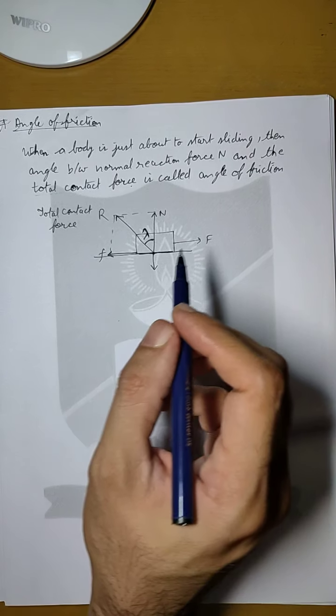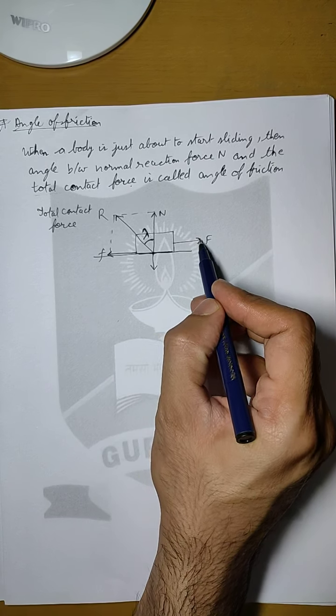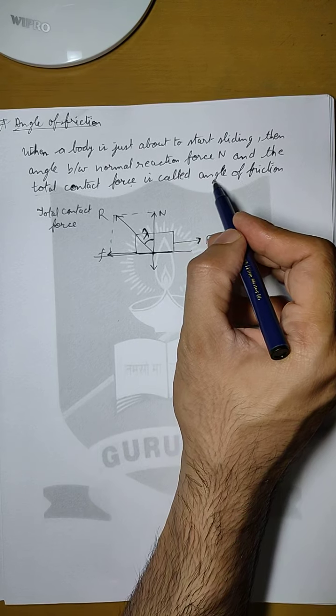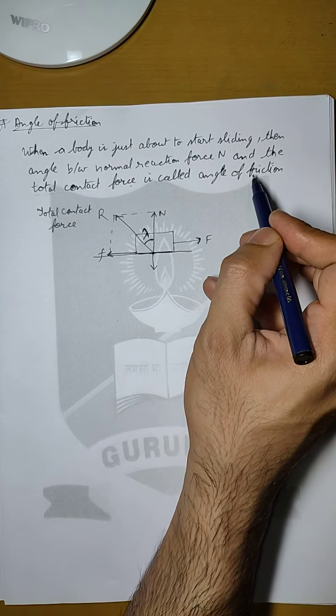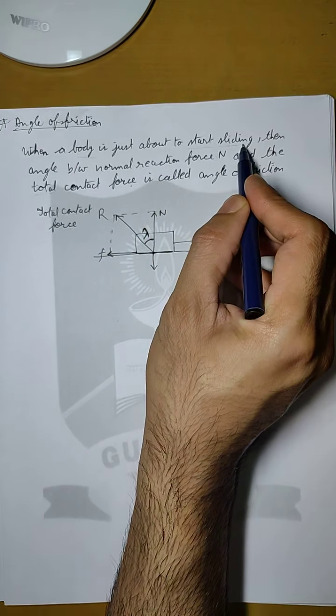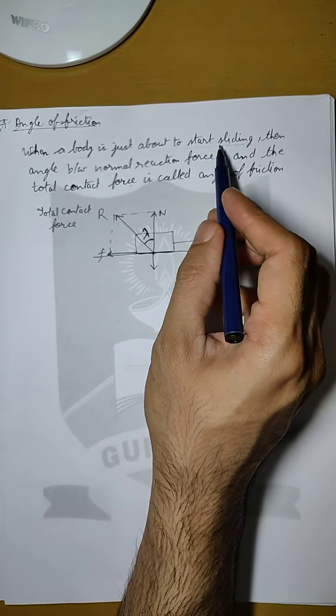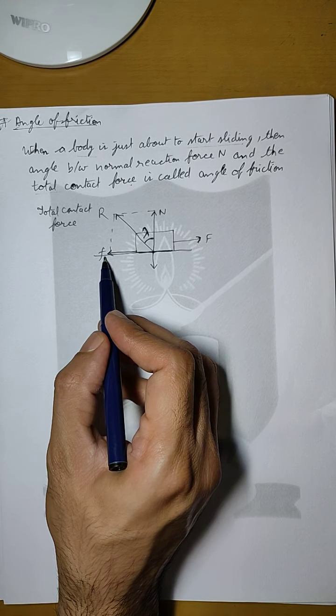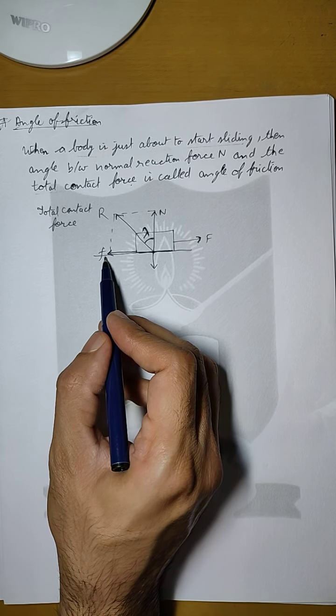Now, when F is increased, another important condition is when the angle of friction is defined. It is defined when a body is just about to start sliding. So when is the body just about to start sliding? It happens when the force of friction becomes equal to the limiting friction.